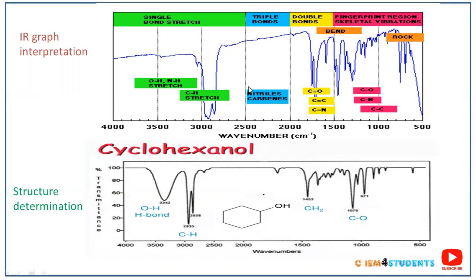But here we cannot see any triple bond or double bond stretching or bending vibrations, so we cannot get any peaks in the region between 2500 and 1500. But in the 1500 to 500 frequency region, we can identify the compounds. This is the specific fingerprint spectrum for this compound. In this way we can easily identify the sample components, as well as the functional groups present in the sample solution. So this is about IR spectroscopy.